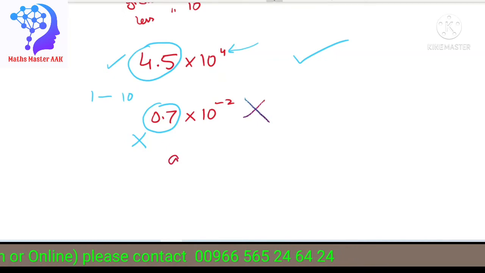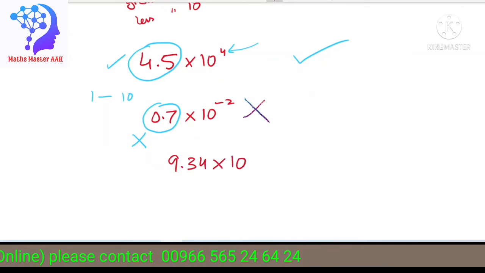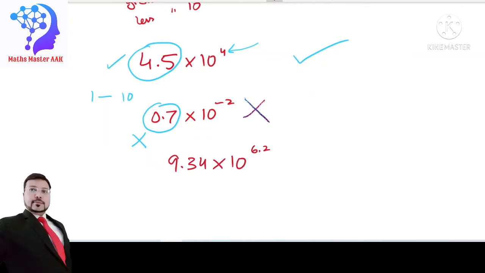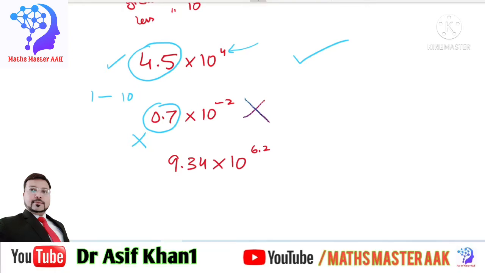Similarly, if you have the number 9.34 times 10 raised to power 6.2, let's check. This number is in between 1 and 10, yes, but here the power is not a whole number, so this number is not in standard form.